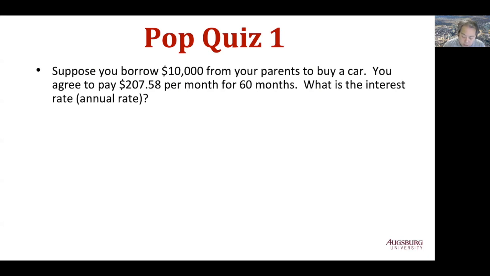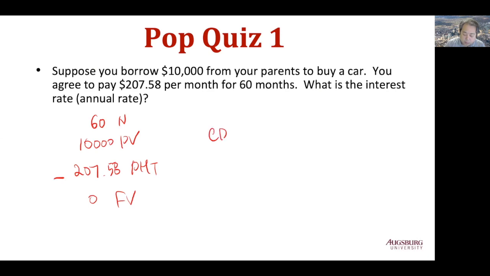Okay, so N equals 60, and clear TVM all the time. I just skip it here, but second clear TVM. And now 60 N. Then the present value is 10,000 PV. PMT is $207.58, and you pay it, so it's negative because it's an outflow, and future value is 0.